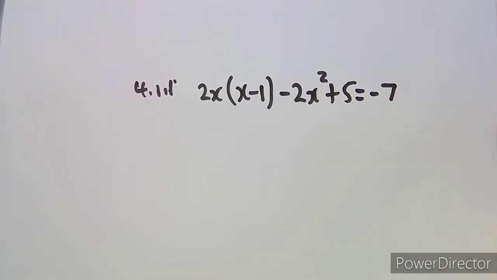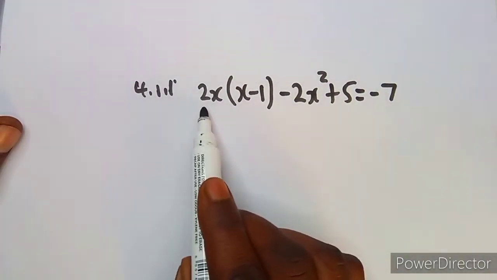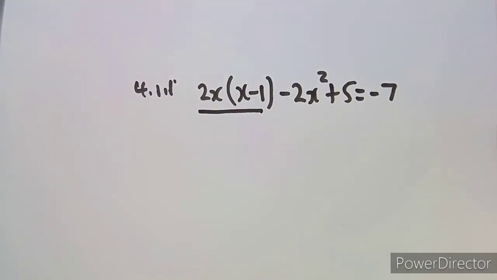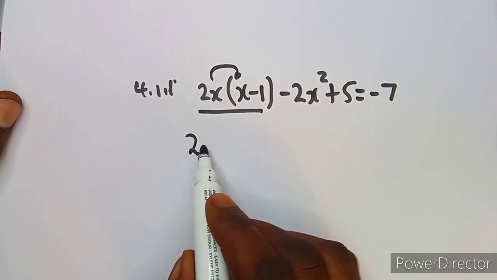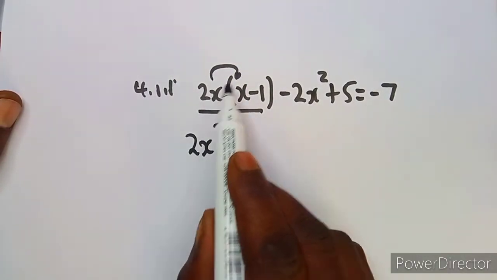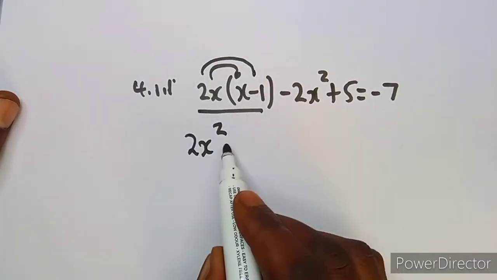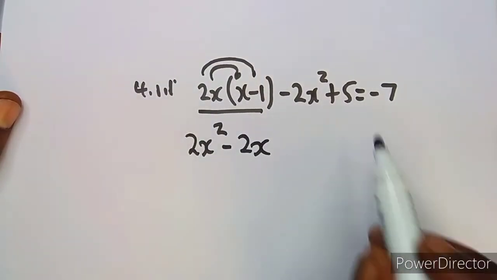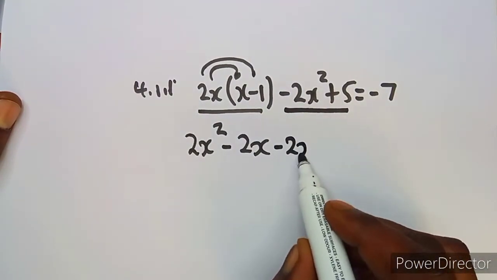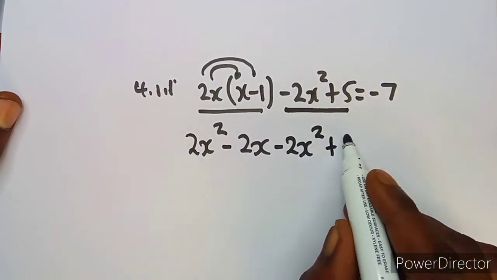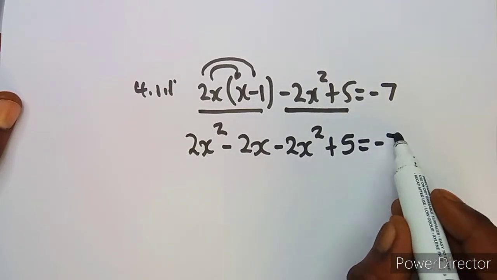You ask yourself, what am I given? What can I do with the information, like the brackets? You expand the brackets and so forth. You can actually expand these brackets because you've got 2x outside the bracket. So it's 2x and x, which is going to give us 2x squared, 2x and minus 1, which is minus 2x. This part remains as it is, minus 2x squared plus 5, which is equal to negative 7.